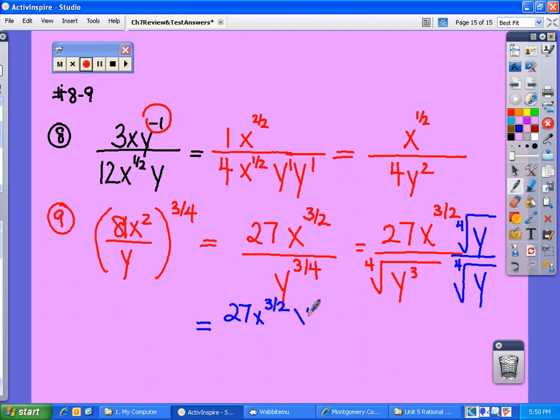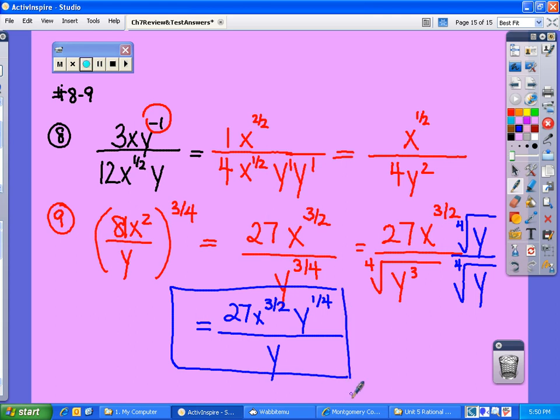And then I'm going to make that y to the 1/4, putting it in rational exponent notation just like the rest of the problem. In the denominator, we now have the fourth root of y to the 4th, which just gives us y. Somehow, our simplified answer doesn't look any simpler than what we had before.